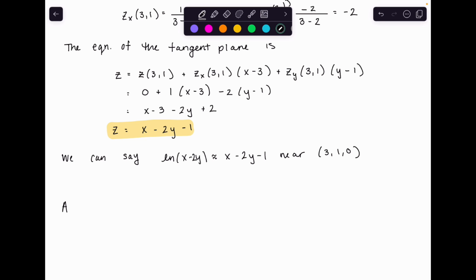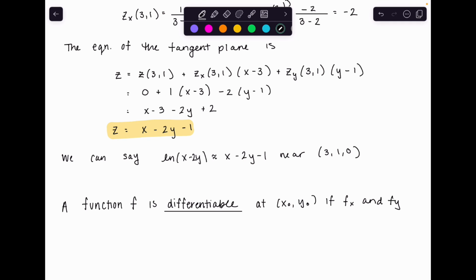So we say a function f is differentiable at the point (x naught, y naught) if both the partials with respect to x and with respect to y exist near that point, and they are continuous at that point.